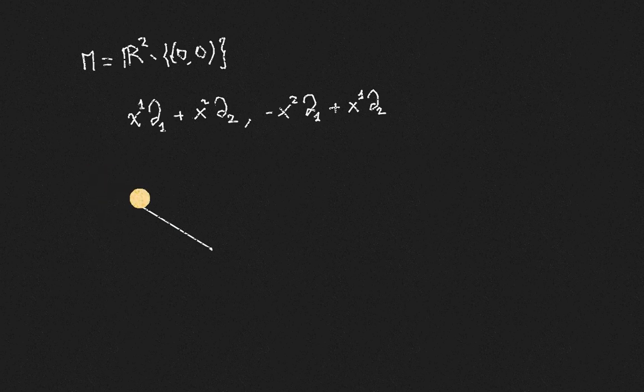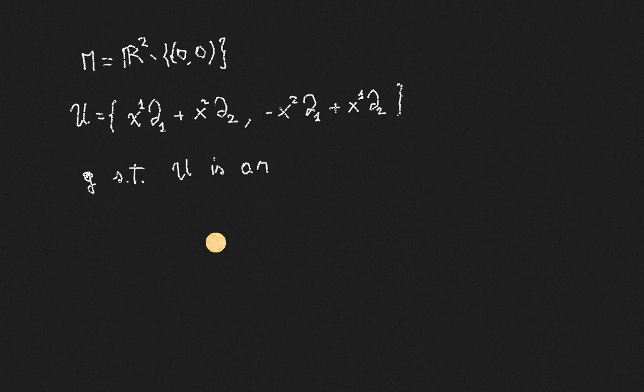So we define G such that, let's call it U, is an orthonormal frame. So the word frame means that it's a basis at every point.